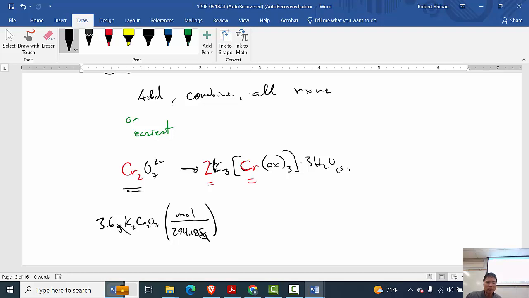And that gives me moles of potassium dichromate. And then I know I have 1 mole of dichromate ions for every 1 mole of potassium dichromate. And so the moles of potassium dichromate cancel. That leaves me with moles of dichromate ions.